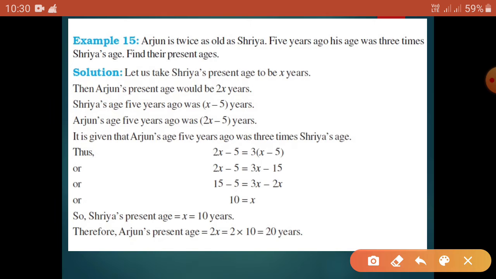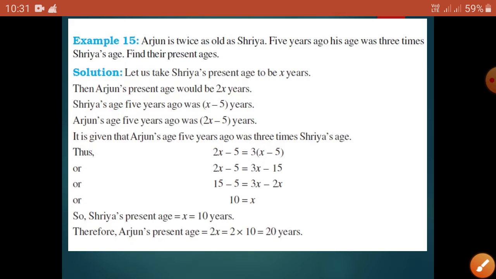So we keep minus 5 on the left side and transpose minus 15 to this side, that is plus 15, and we keep 3x on the right side and transpose plus 2x to the right side, that is minus 2x.